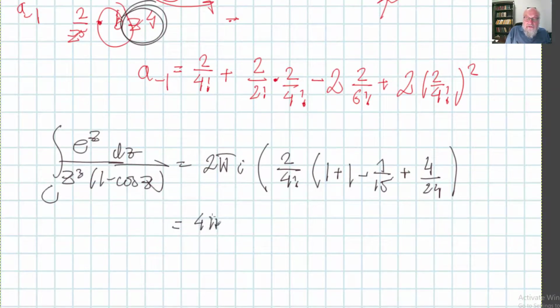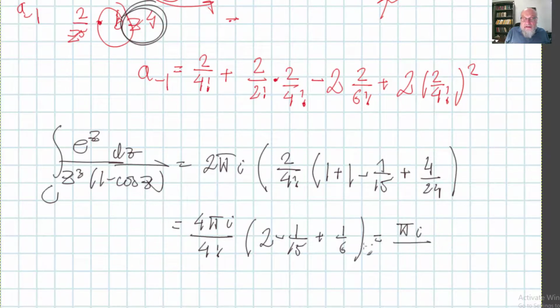So this one is equal 4 pi I divided by 4 factorial. This one is 2, and this one is minus 15, 24. So this is minus 15, and this one is plus 1, 6. And then, okay, finite simplification. So this is pi I, and this one is 6, and this one is 6 times 90.